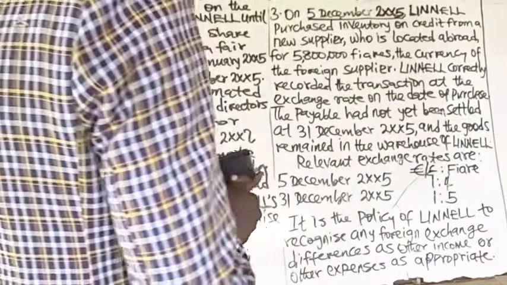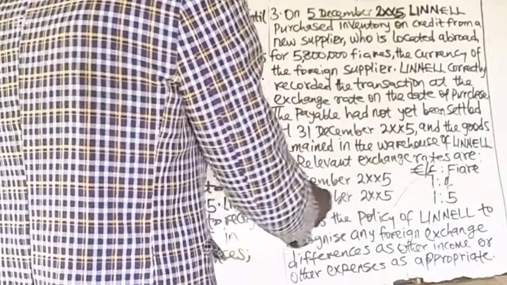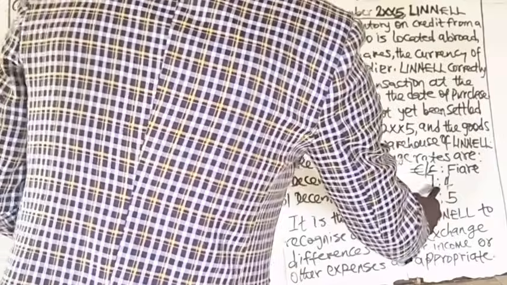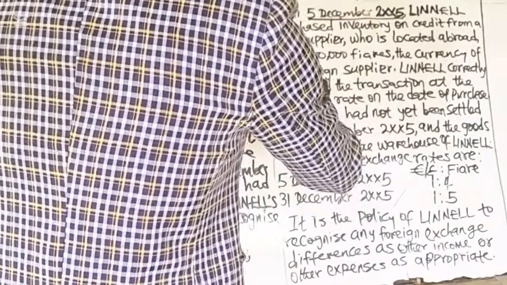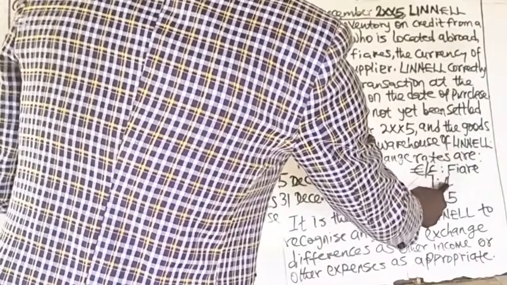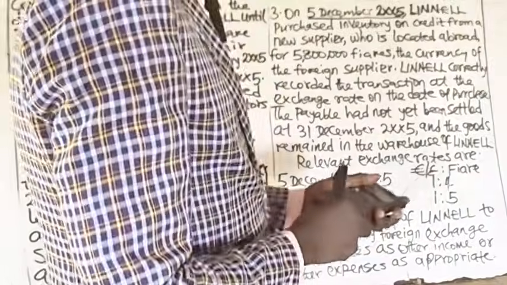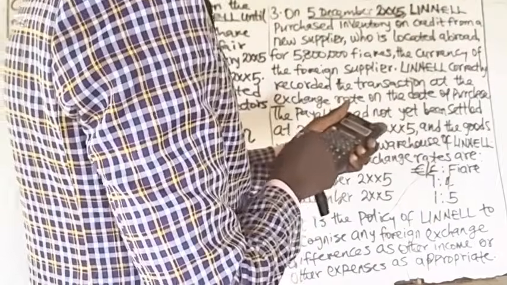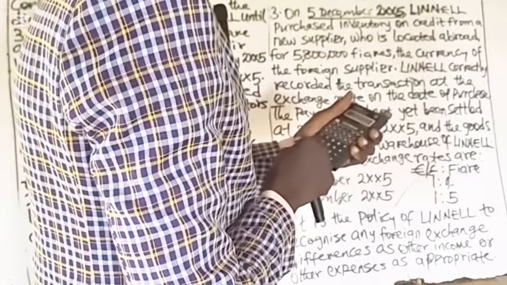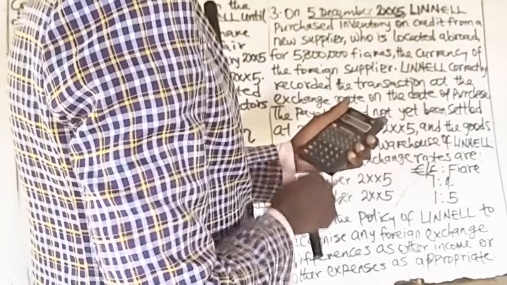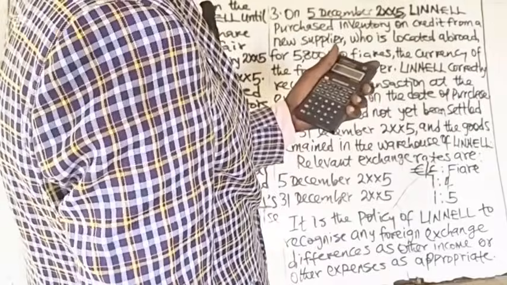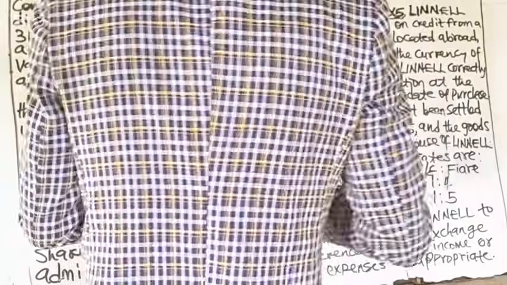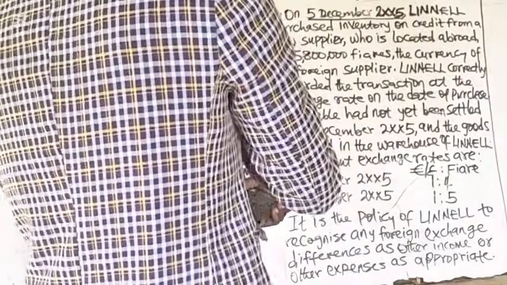So that means the exchange rate on the 5th of December, which is 1 to 4 fiaris. So to translate it now, we have 5.8 million divided by 4. That will give you the amount recognized by Linen. So that means Linen has recognized 1,450,000 in the financial statement when it was translated initially.